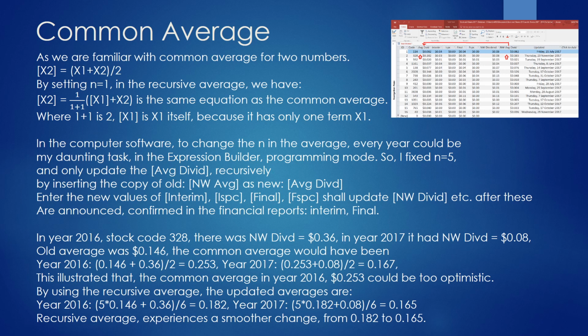Year 2017, 5 times 0.182 plus 0.08 divided by 6 equal to 0.165. The recursive average experiences a smaller change, from 0.182 to 0.165.